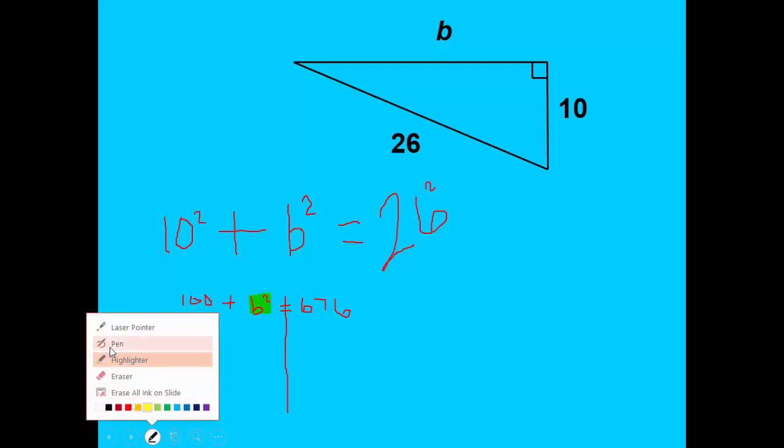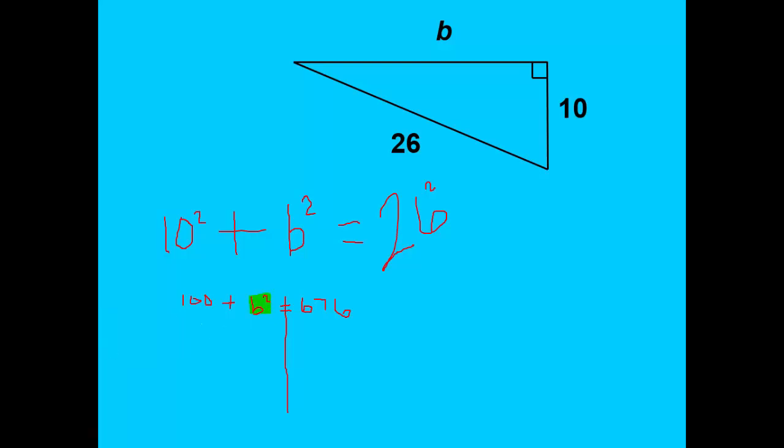What we have going on over here by it is 100, which is positive. So to move it, we will subtract 100 from both sides, resulting in b squared is equal to 576.